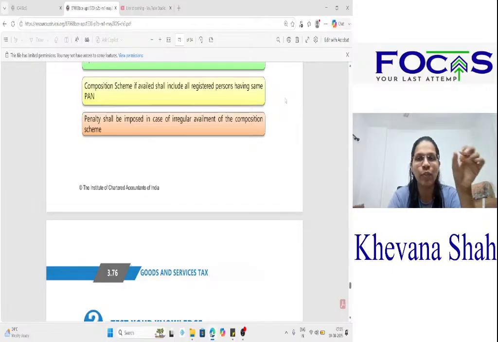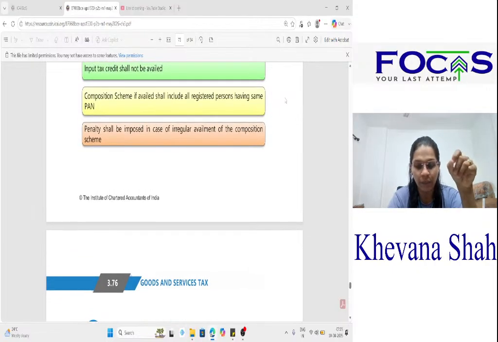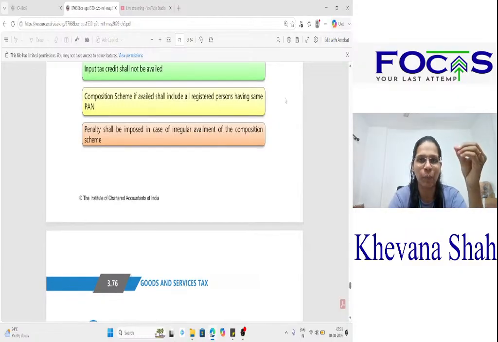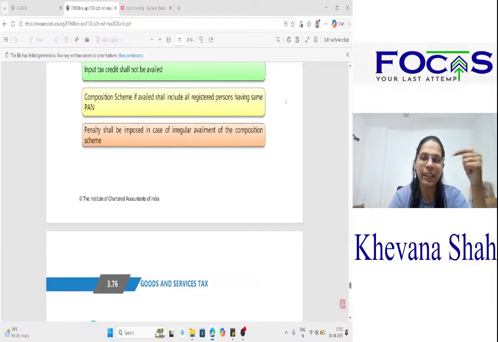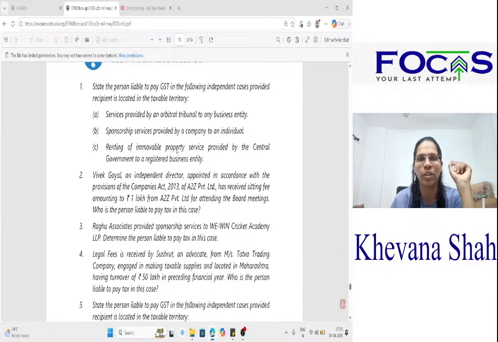If you are availing it improperly or opting for it irregularly, then you will be leviable for penalty. So now this completes the provisions. We will see certain questions for this.